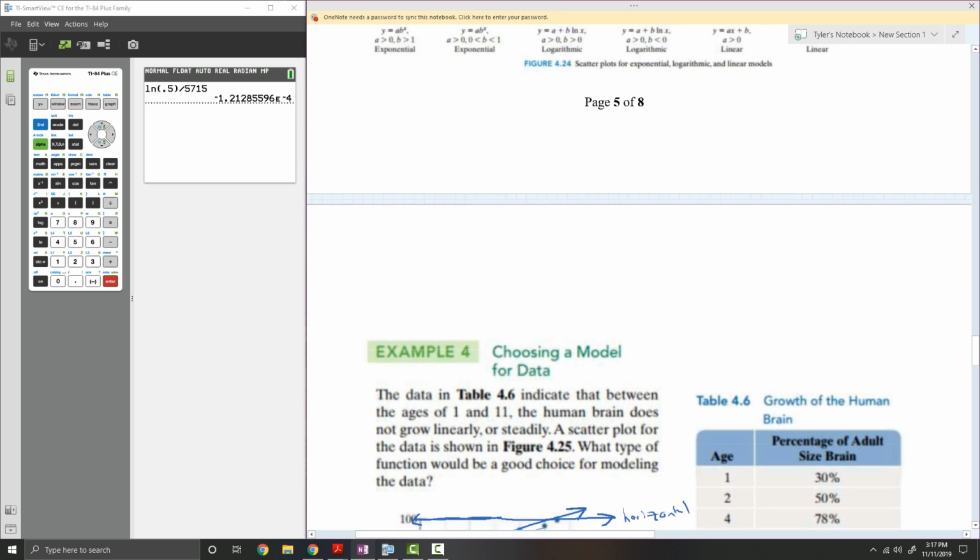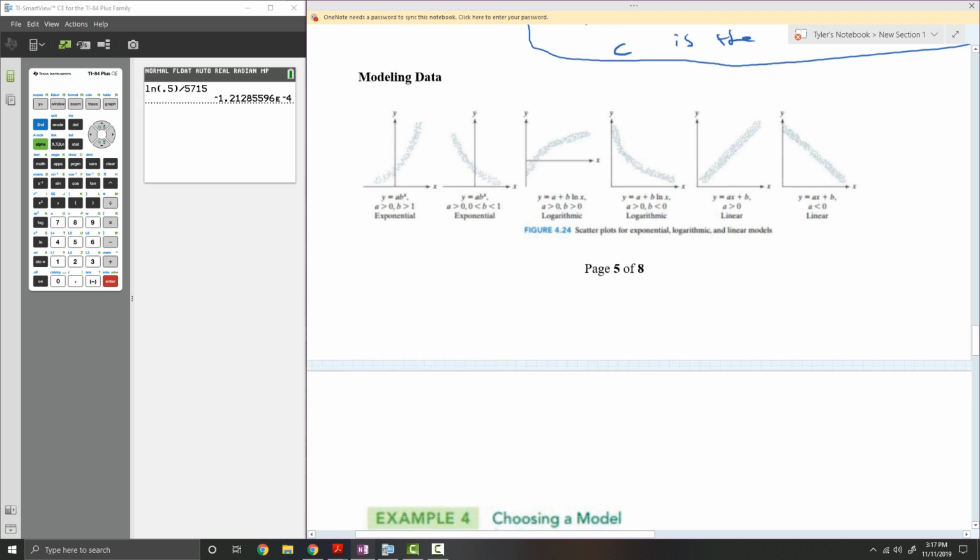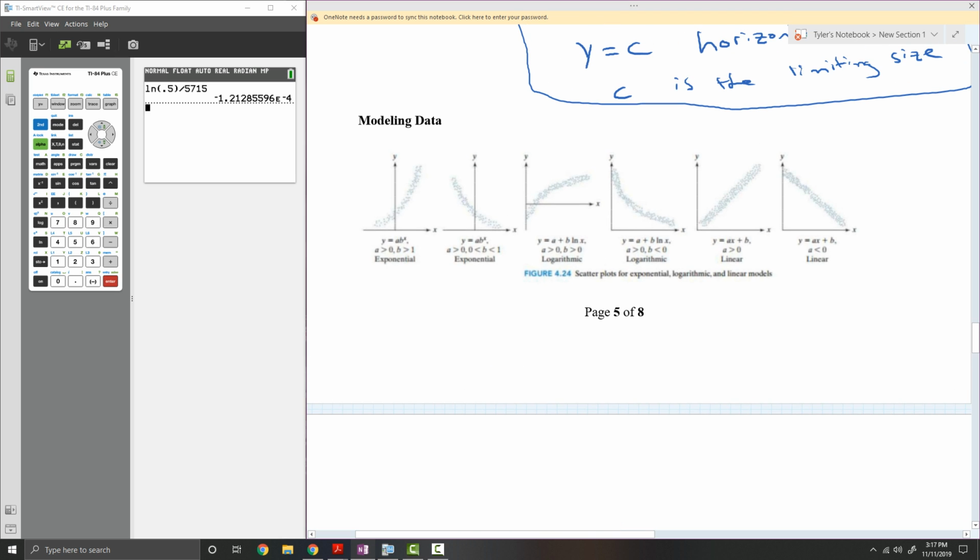If we go back to the models, that's going to look like this example. We're increasing rapidly and then kind of leveling off, where the difference between the logarithmic and the exponential is, notice the exponential is increasing without bound. It just keeps going up, or here it just keeps decreasing.